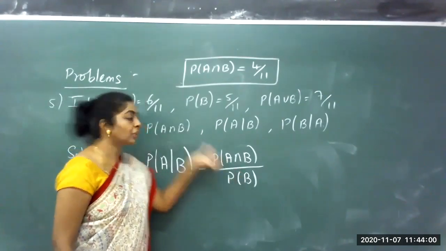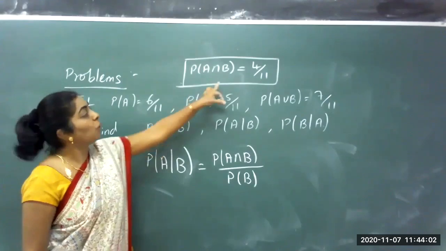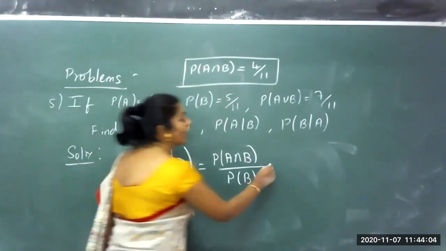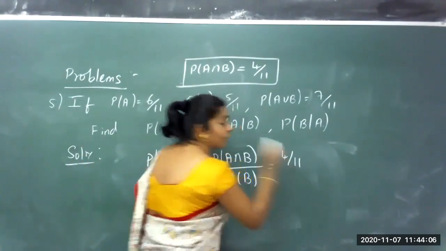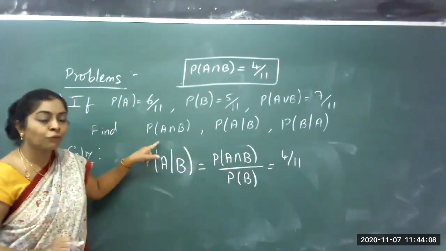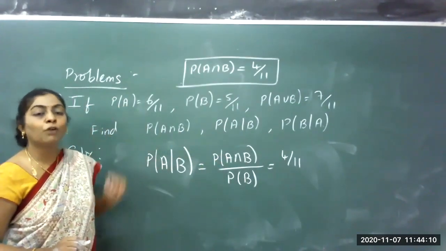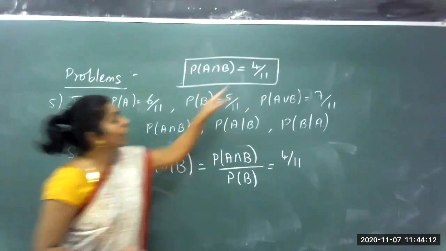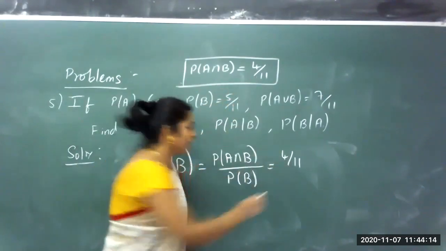Probability of A intersection B was unknown. We found the value of that. What is that? 4 by 11. That was not given. We found it first using the formula of probability of A union B, and I got 4 by 11.